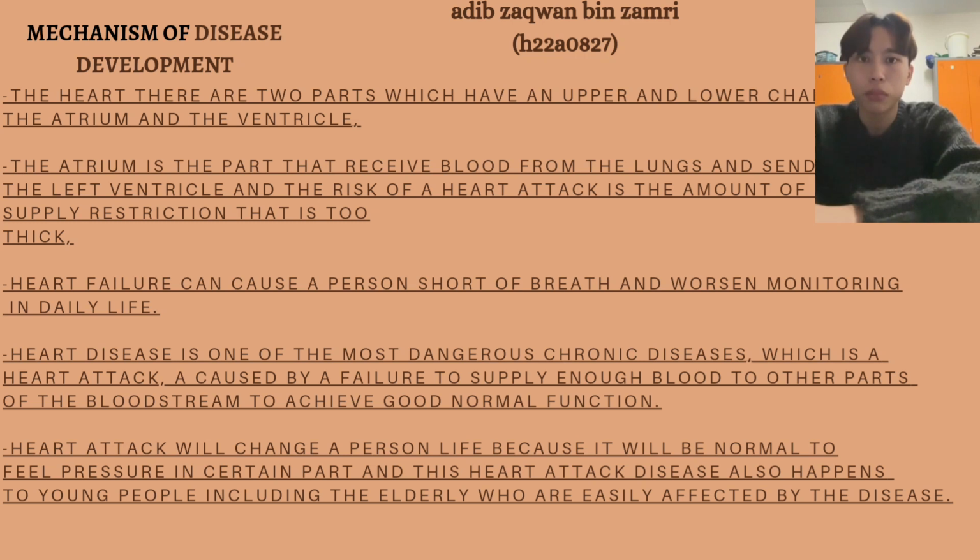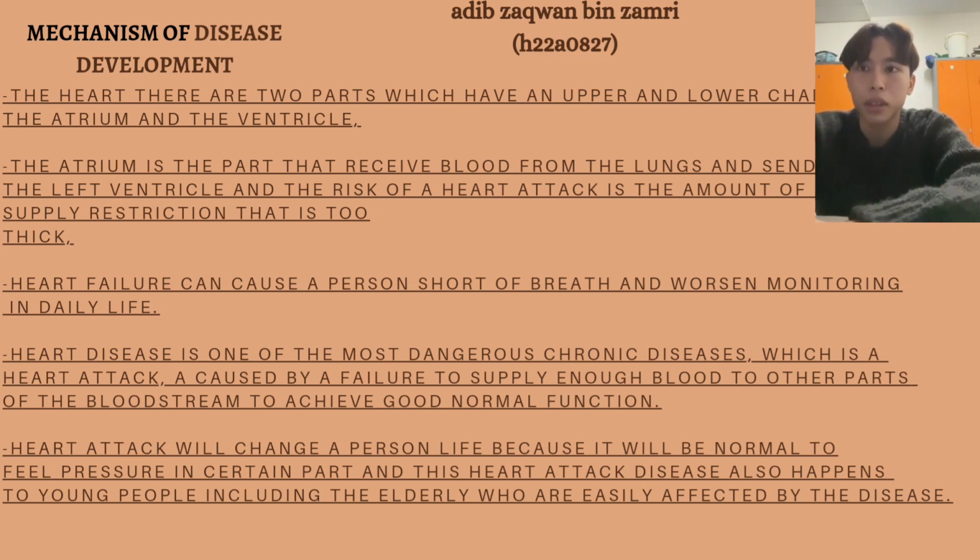Structure, part of the body system. How does disease happen? Mechanism of disease development. The heart has two parts, an upper and a lower chamber, the atrium and the ventricle.